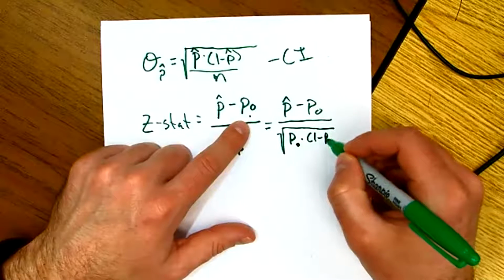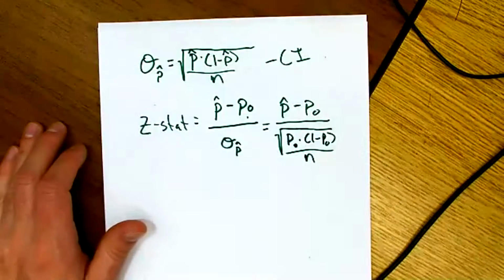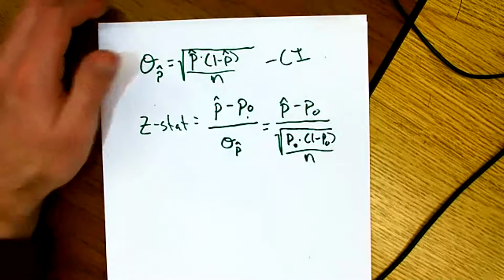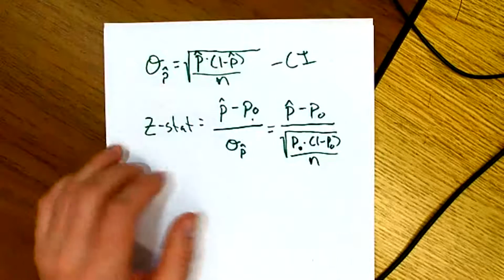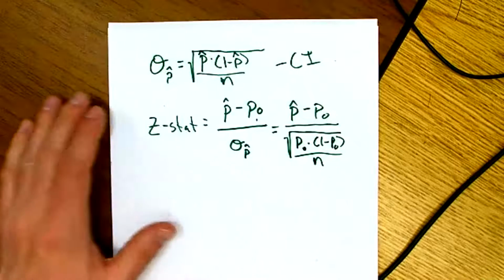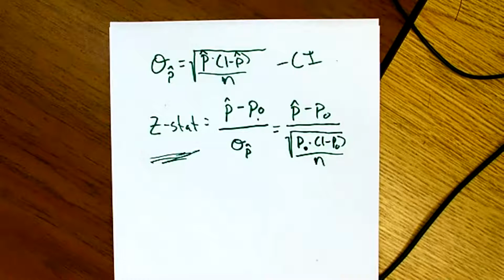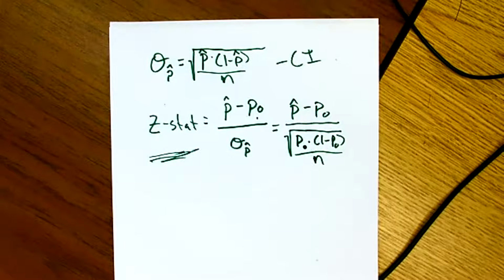So that's what we're going to use to calculate that standard deviation. All right? So it's going to be a little bit different than confidence intervals when we find that standard deviation of our sample proportions. But once we know this is the equation we use to find our test statistic, everything else is going to be exactly the same. Exactly the same steps as when we had a sample mean and wanted to do a hypothesis test. Okay.